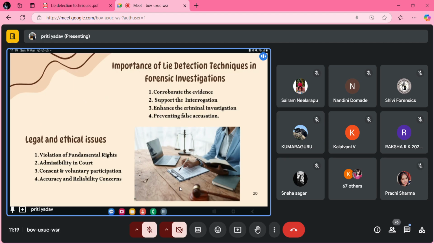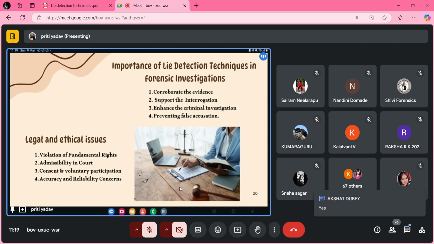What is the importance of lie detection techniques in forensic investigation? First, corroborate the evidence. These techniques help investigators to cross-check the statements given by a suspect, witness, or accused. Let's take a scenario.